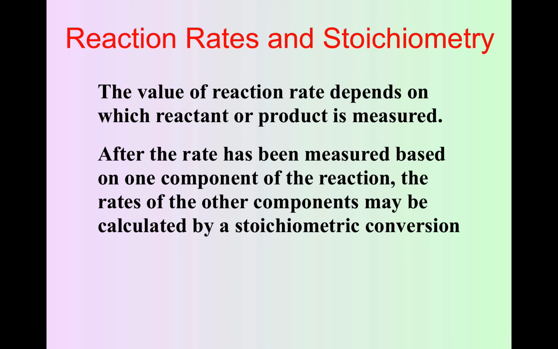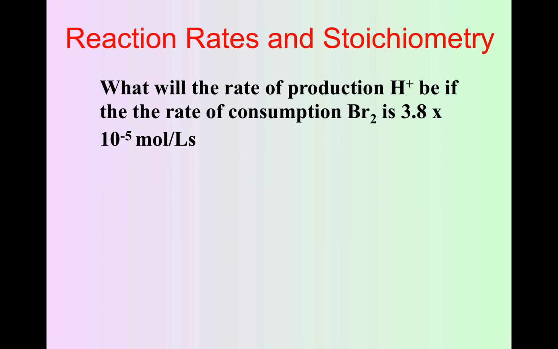There's a relationship between the stoichiometric coefficients and how fast a reactant is disappearing versus how fast another reactant is disappearing, or how fast the product is appearing. So depending on what you pick, you're getting a different rate. So we picked the rate of how much bromine was disappearing, right?